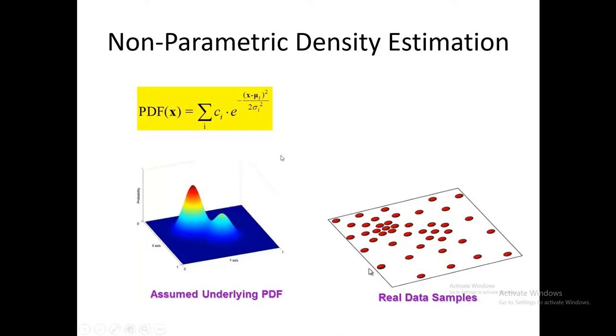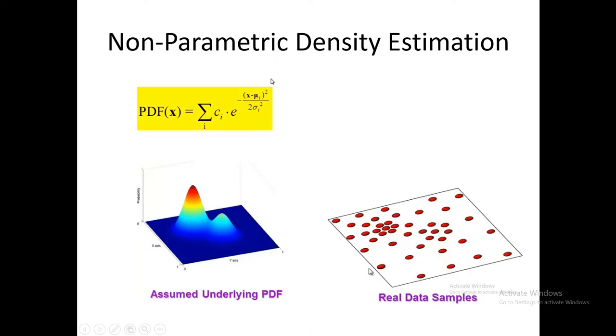The samples are mu1, mu2, up to mu n, and we will have a Gaussian function that depends on x and mu i. Given a particular value of x, the probability that we will encounter it in this distribution, we can compute using this formula.